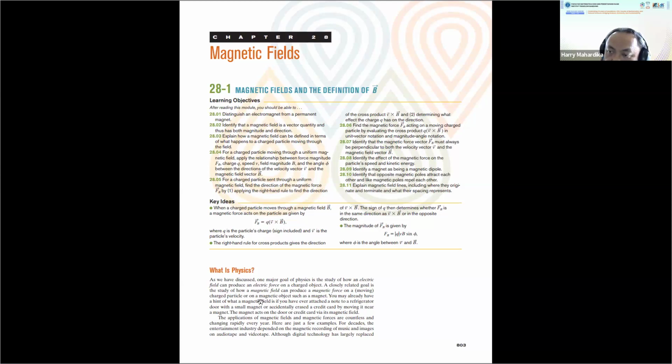The charged particle or the charged object itself is not moving, but at a certain position it will produce some kind of a field or influence that surrounds it, and then the interaction between that one charged particle and another charged particle creates electric forces. One charged particle will produce fields around it, and when it is interacting with another particle, it produces force.